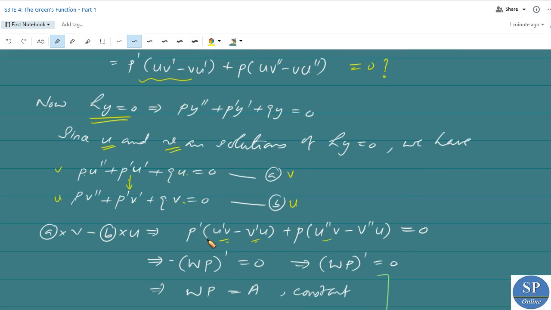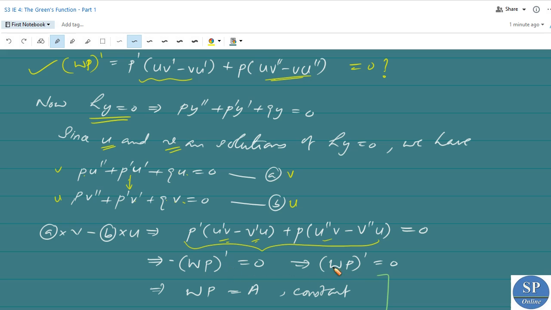We already obtained that (W p)' is p' into (u v' minus v u'), that is p' into (u' v minus v' u) with a negative sign, plus p into (u'' v minus v'' u), equal to 0 here. So this left hand side is the negative of (W p)', because W p is this.